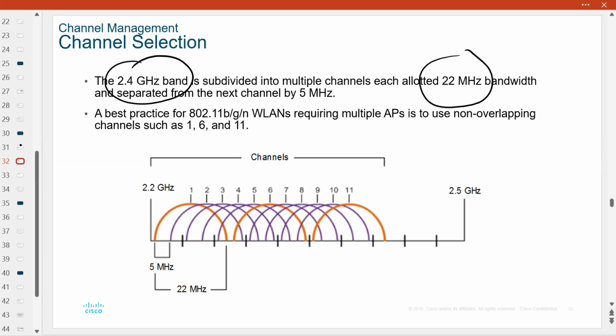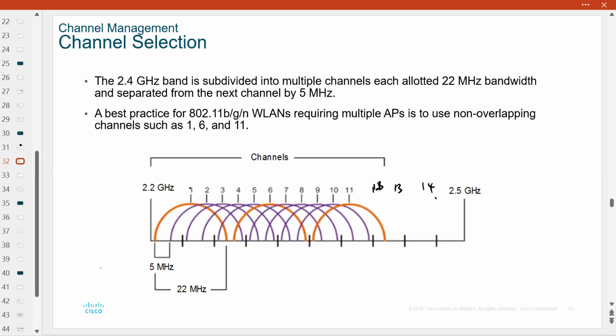So if we are saying we are communicating at the 2.4 gigahertz band, it means we are using these channels that we have right here. Channel 1, 2, up to 14. There are 14 channels.